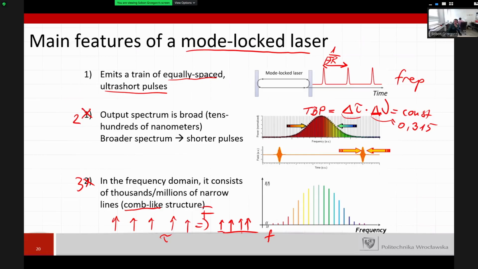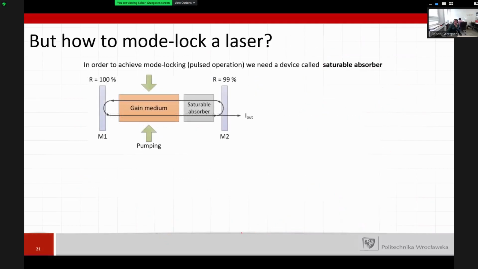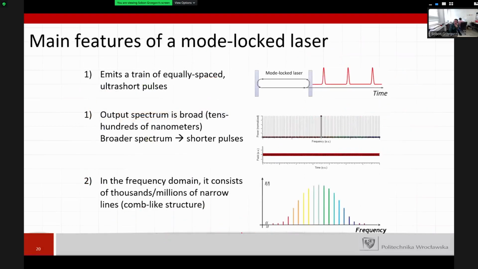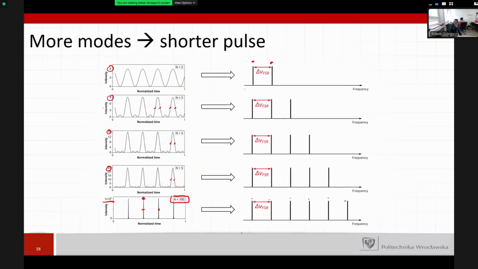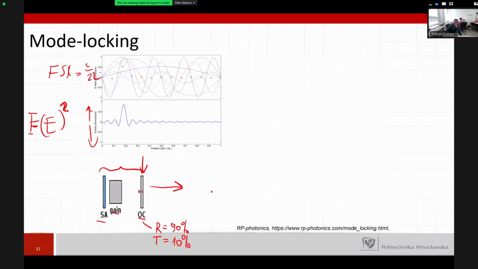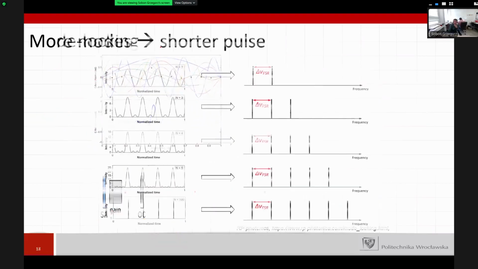So this is a mode-locked laser. But the main question is how to actually achieve this state that we have these phases synchronized, right? How to force the laser to have this situation where the phases are locked, so that all longitudinal modes have the same phases.